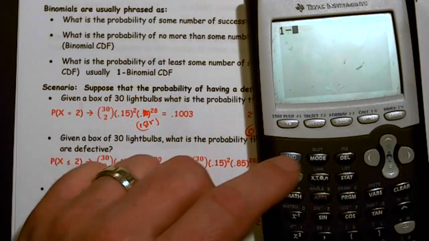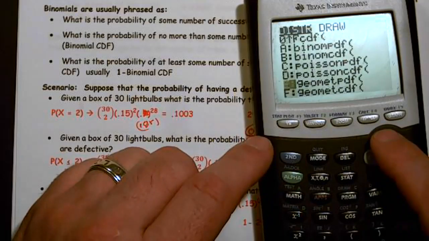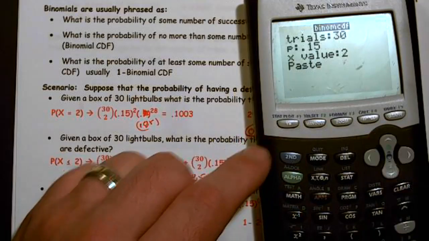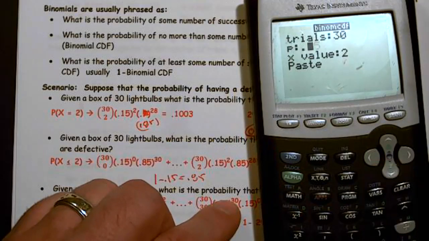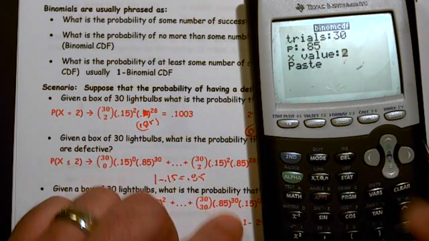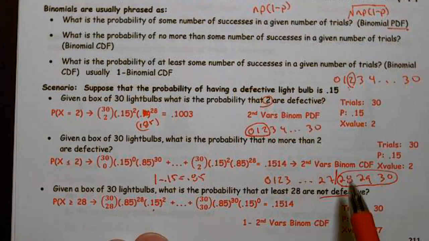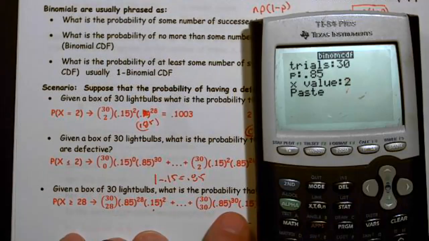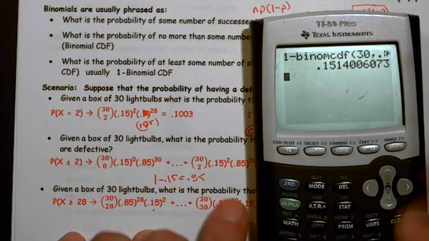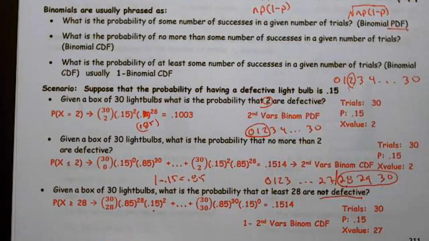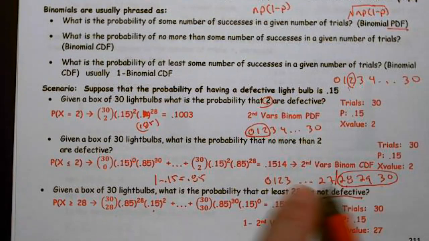So 1 minus, second vars, binomial CDF, 30, my p-value is 0.85, and then what do we subtract? Well, we don't subtract out what we want, we subtract out the highest value we don't want. And the highest value we don't want is 27. So basically, in this case, it summed up every single value up to 27, did all of those, and then brought it out.